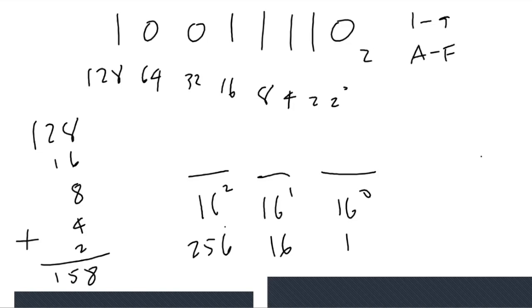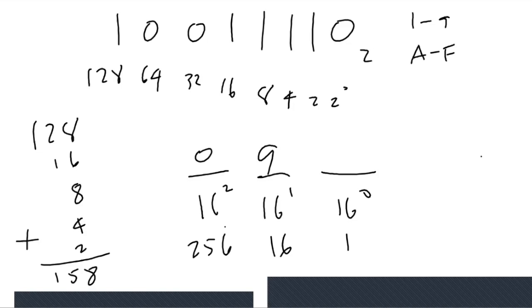We've got 0 here because 256 doesn't go into 158. Now we want to figure out how many times 16 goes into 158. So we take 158 divided by 16, and we get 9.875. We round down to 9, so we end up with 9 here. 9 times 16 is 144.